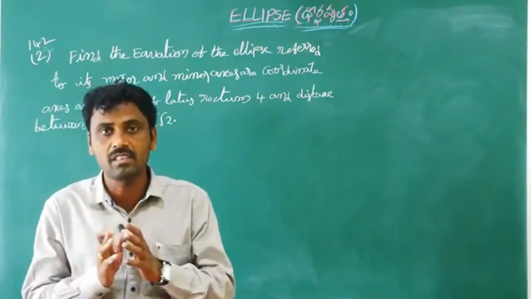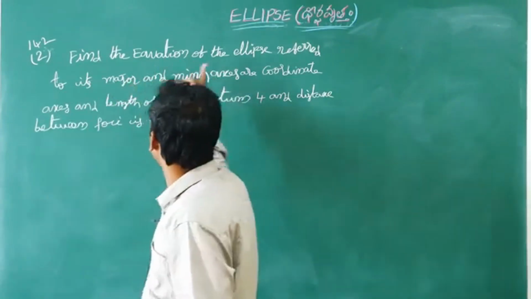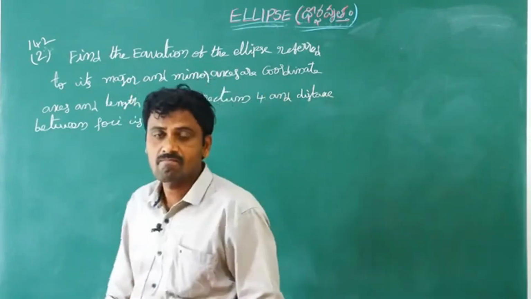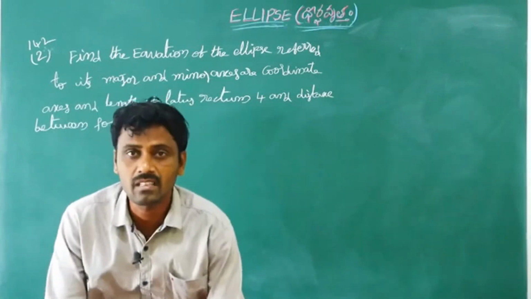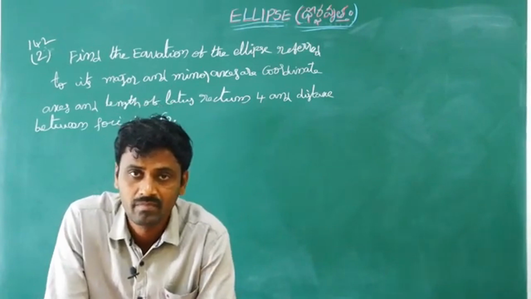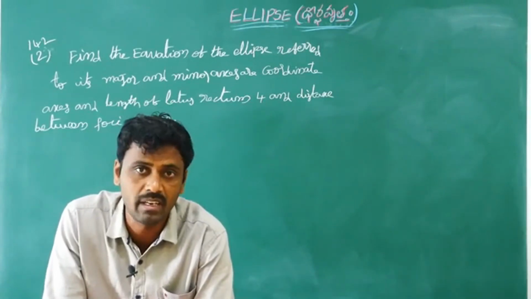First of all, we have to see what form the equation of the ellipse takes. Find the equation of the ellipse referred to its major and minor axes as coordinate axes. Major and minor axes being coordinate axes means it is in standard form, that is x square by a square plus y square by b square equal to 1.